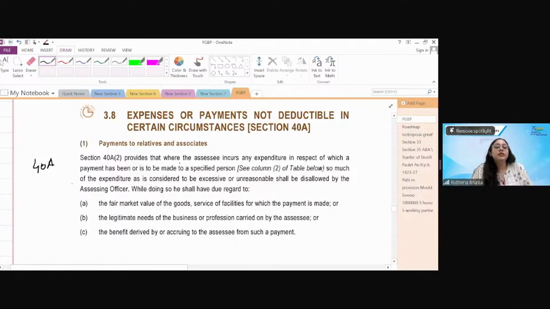So let's start. First is section 40A subsection 2, which talks about disallowances when the payment is made to relatives and associates. See, nowhere it's written that you cannot make a payment to relatives and associates, but it's written that the payment you're making to your relatives and associates should be as per the fair market value. That means it should be a reasonable expenditure. It should be a legitimate need of the business to incur such expenditure.